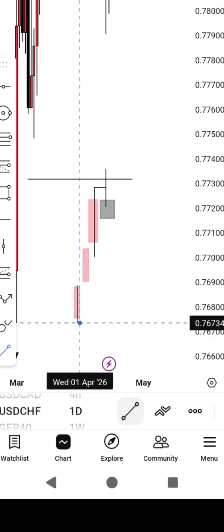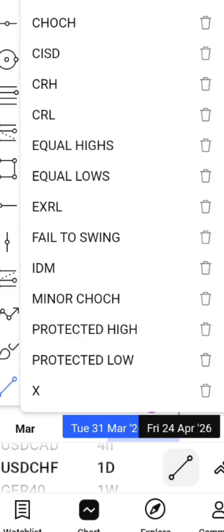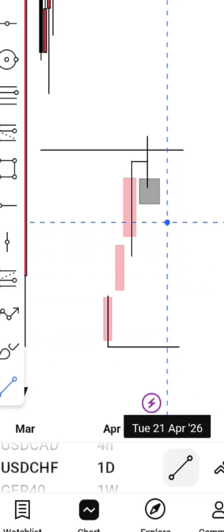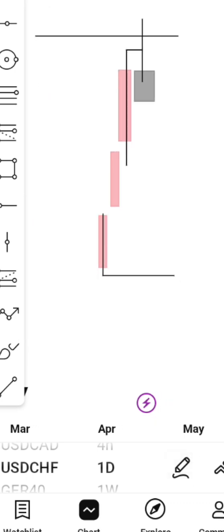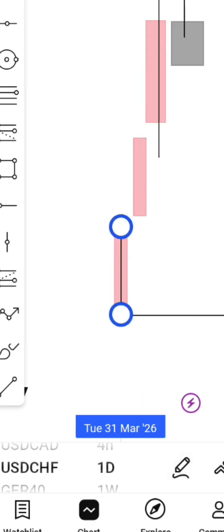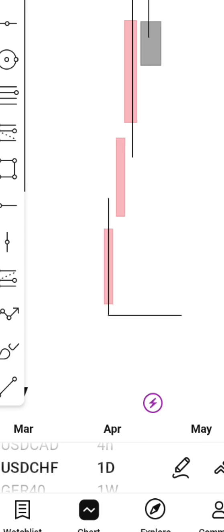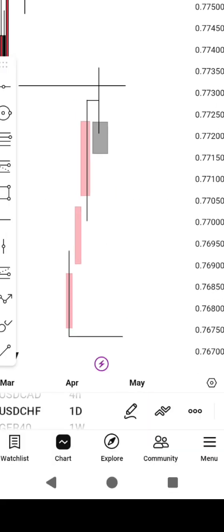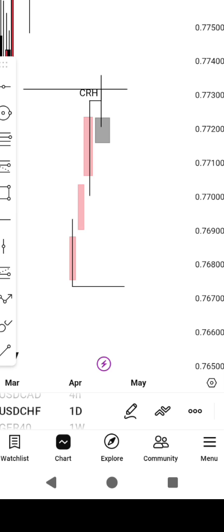This series of up close candles, right, that led to price approaching that key level, this series of up close candles would give us our candle range. So that's basically how it works.